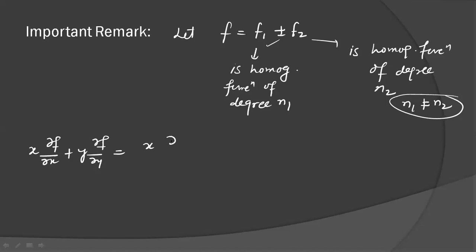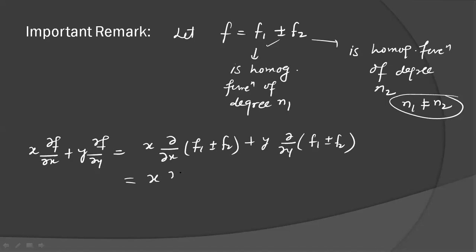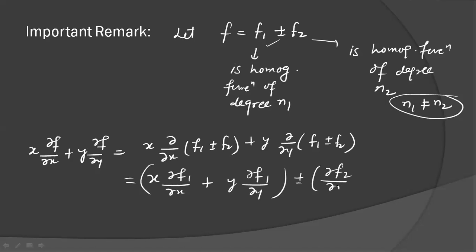It will be x ∂/∂x of (f1 plus or minus f2) plus y ∂/∂y of (f1 plus or minus f2). Now you separate the f1 terms: x ∂f1/∂x plus y ∂f1/∂y, plus or minus x ∂f2/∂x plus y ∂f2/∂y. Since f1 is a homogeneous function of degree n1, this is equal to n1 f1, and this is n2 f2.